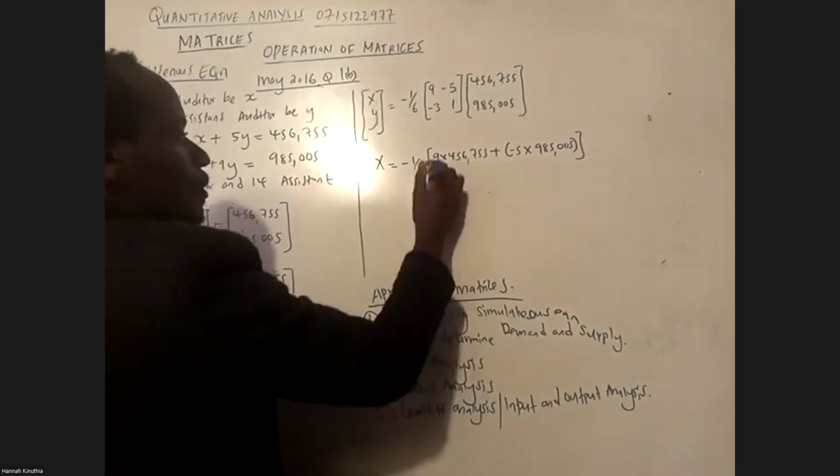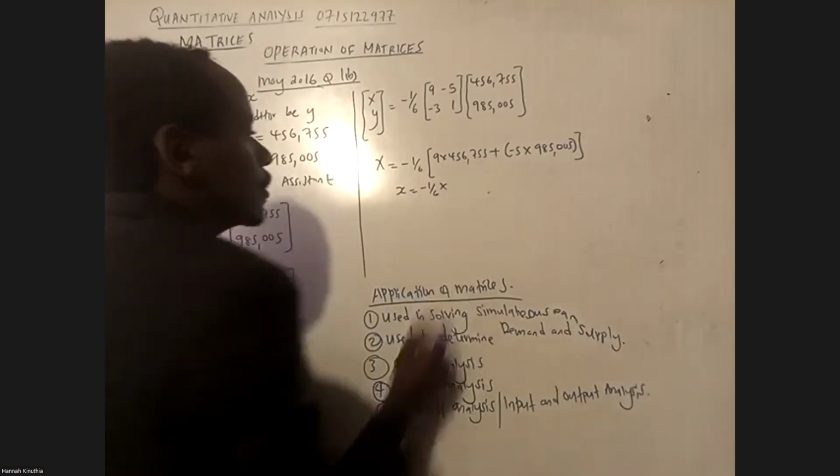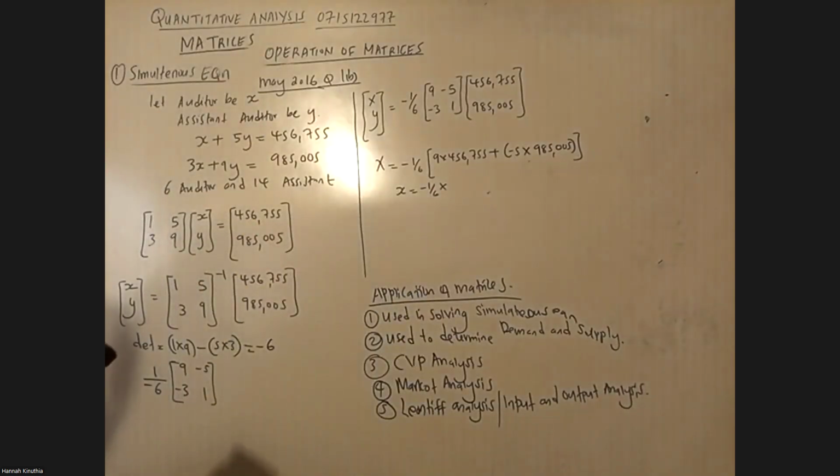So what will be the value of x? Minus 1 over 6 times. Let us do it. So 9 times 456,755 plus minus 5 times 985,005.